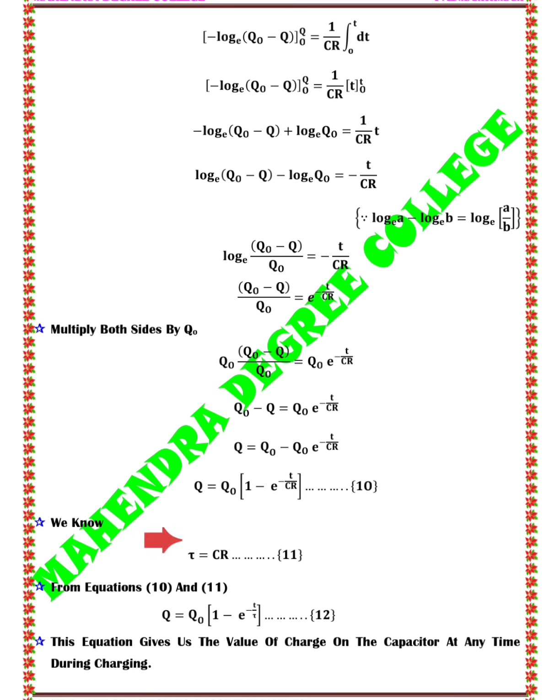We know the formula tau equals CR. This is the equation number 11.